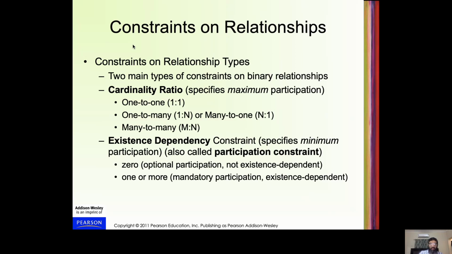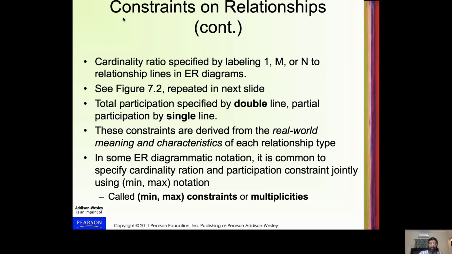Let's look at the next slide. This is again cardinality ratio. So now we are going into nitty-gritty details of ER diagrams. What kind of symbols are used? What kind of boxes are used? What are the meaning of double line versus single line versus dotted line versus a diamond shape or a rectangular.